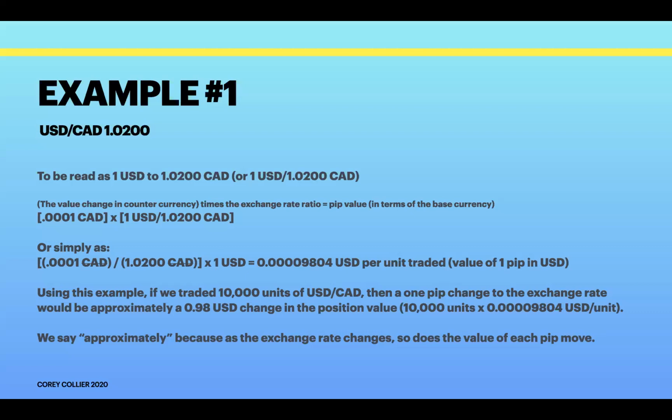And once you have that total amount, you subtract the spread times that same pip value, and that's what the broker is going to make off you. If you're trading with a spread, the broker makes his money off the spread. That's how much money is going to be taken from your profit, basically. And we say approximately because the exchange rate changes, and so does the value of each pip move.